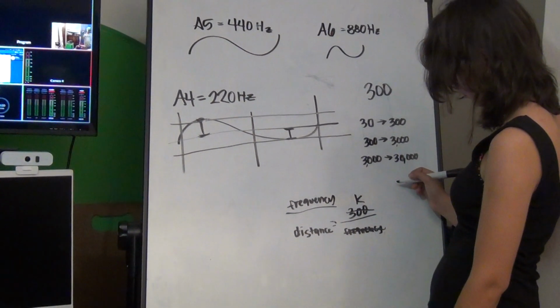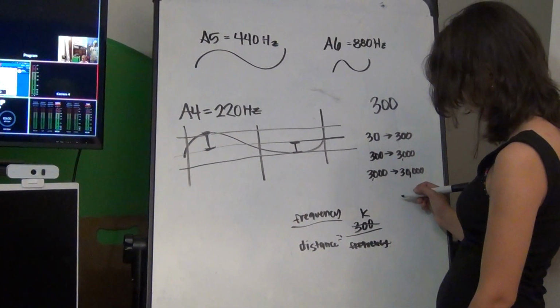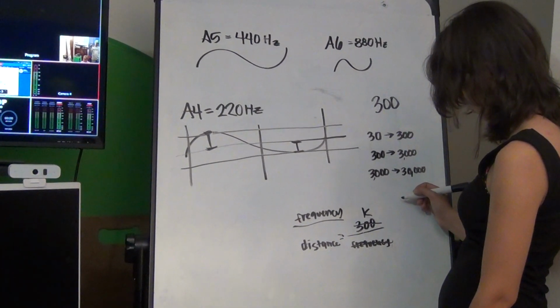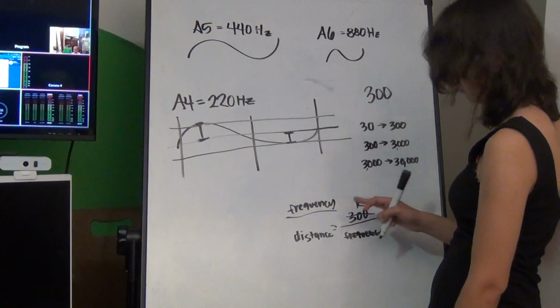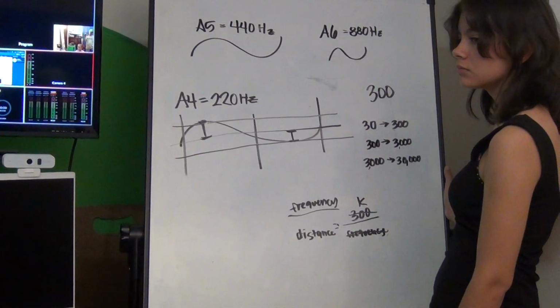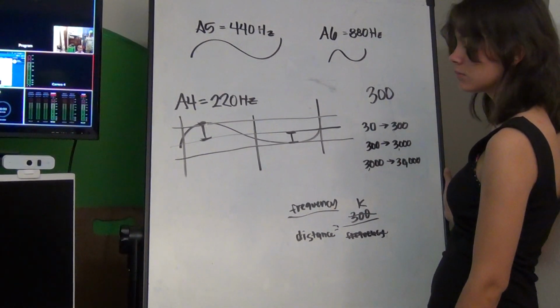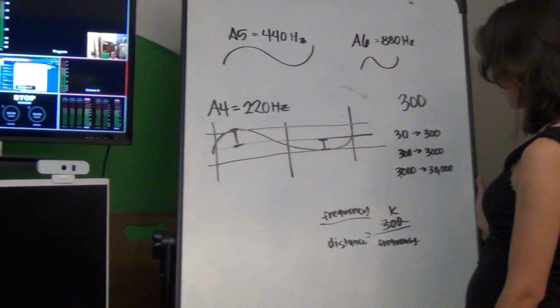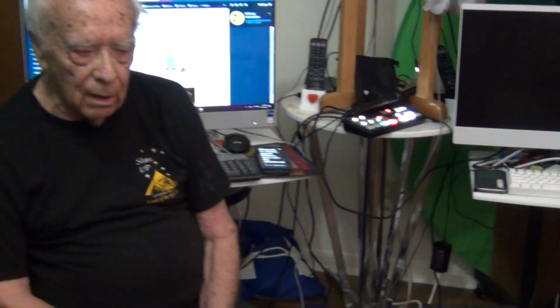Therefore, now what you can see, there's a relationship between frequency and distance. Now you can put different things. If you want to put a lambda in there, Greek letters, you can use whatever scientific notation you want. But this is the concept. If k stays the same, which it has to, speed of light doesn't change in space.